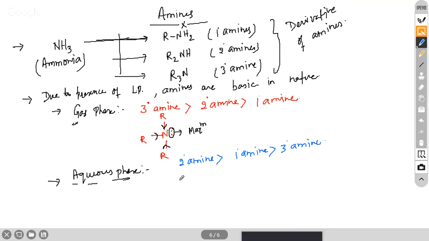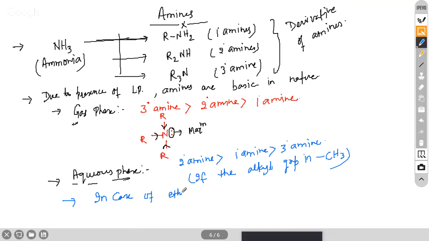This is only true if the alkyl group is methyl, CH3. In case of ethyl, write on the next line: the basicity is found to be maximum for 2-degree, then we have 3-degree, and then we have 1-degree.